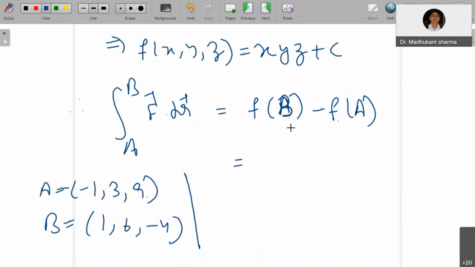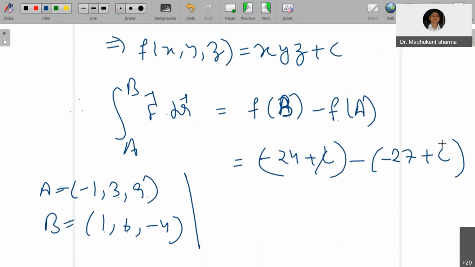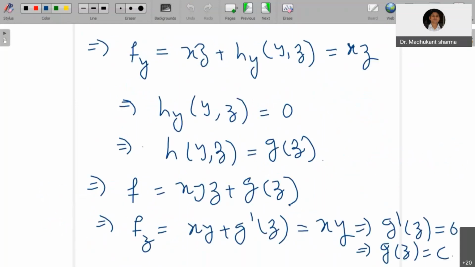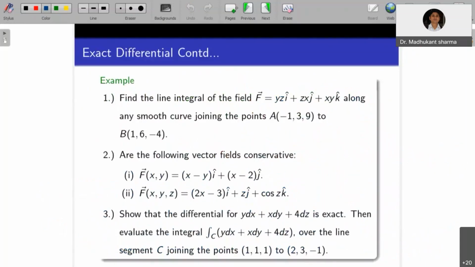So f of b is 6 into 1 into minus 4, so minus 24 plus c, minus f of a, which is 9 into 3 into minus 1, minus 27 plus c. So c will get cancelled and you have 27 minus 24. So along any curve c joining these two points, the value of this line integral is 3. Okay, right. So the question itself has the hint that you have to use the path independence.